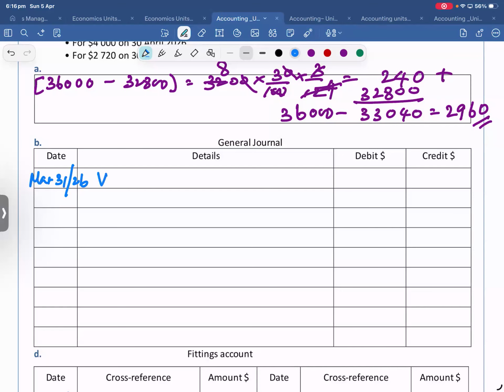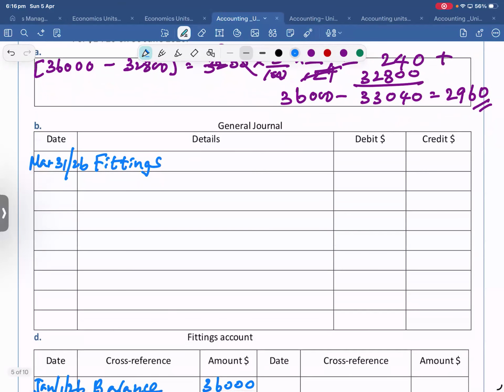What is it? Fittings. No, I'm sorry, the other way. Disposal of fittings, $36,000. And you credit the fittings.